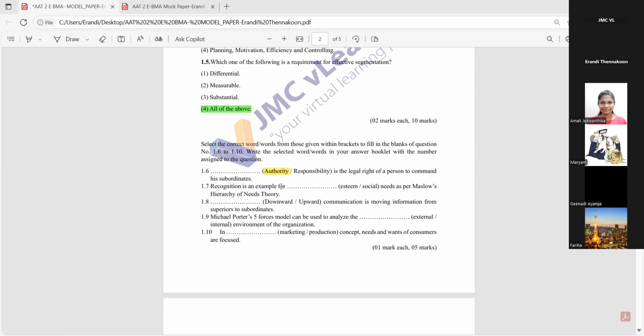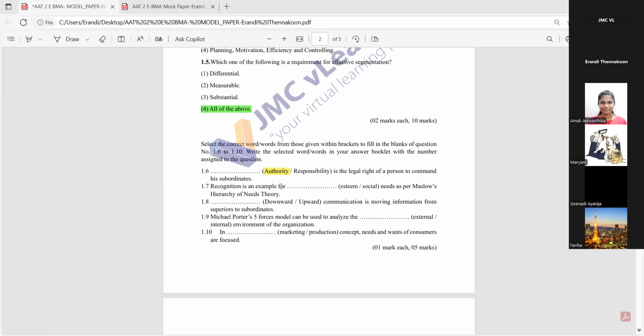And safety or security needs are about our job security, financial stability, and protection. Then love and belongingness needs, or social needs. What is this?